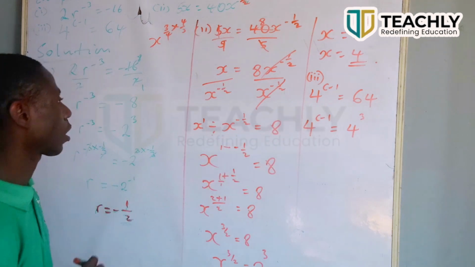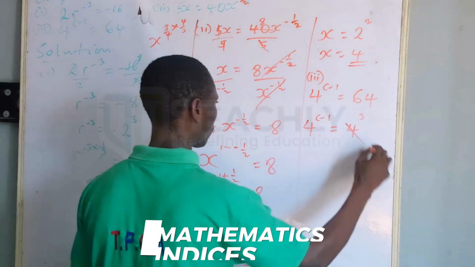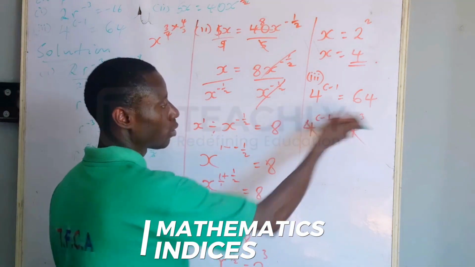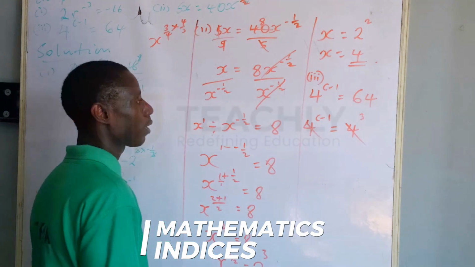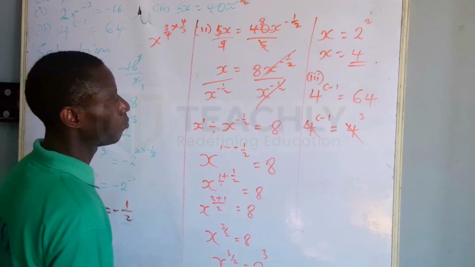According to the rule of indices, if you have the same base on both sides, you can cancel it. This 4 cancels this 4. Once you cancel the base, you equate the power. At times you can see an expression like this where the base may be different.